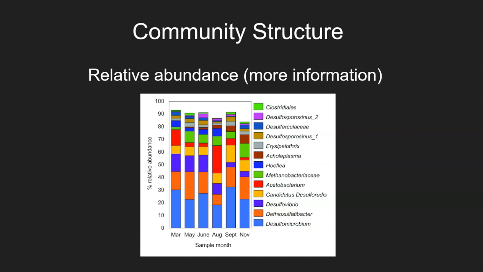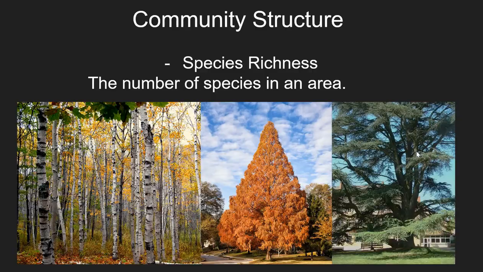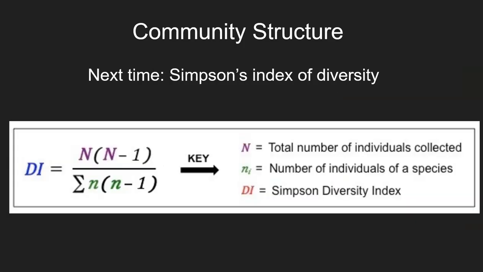Is that a useful statistic? Well, perhaps, but what if 98% of the student population is white? Is it useful to know that there are 10 different kinds of people if 98% of them are white? Is that a diverse campus? Perhaps, but you generally need a little bit more information than just species richness, which again, that's where this relative abundance statistic comes in.